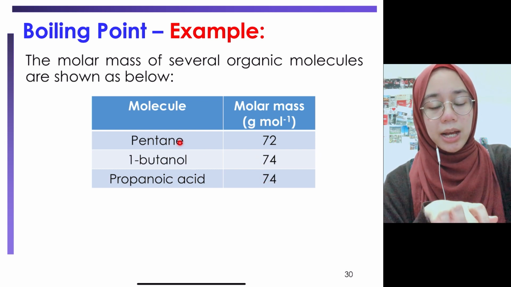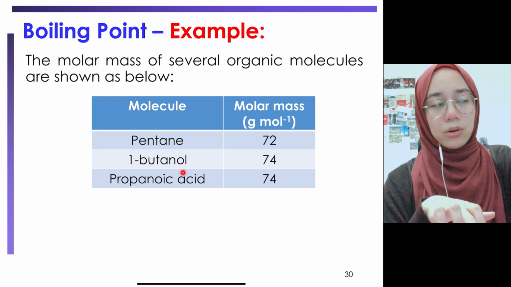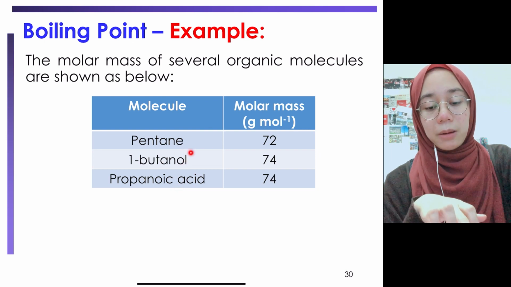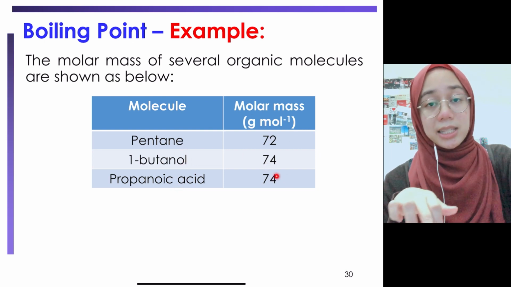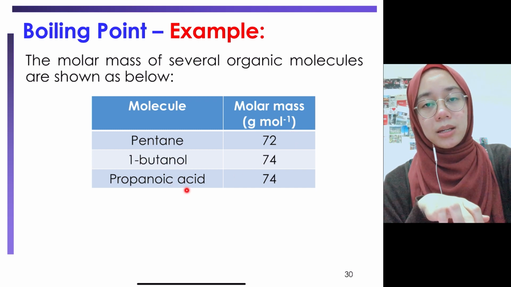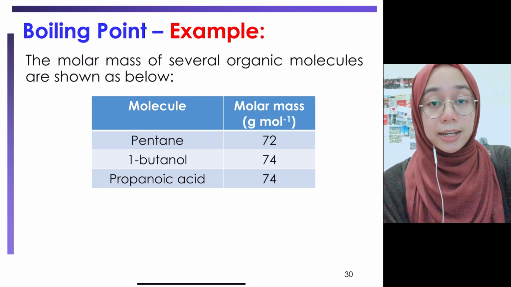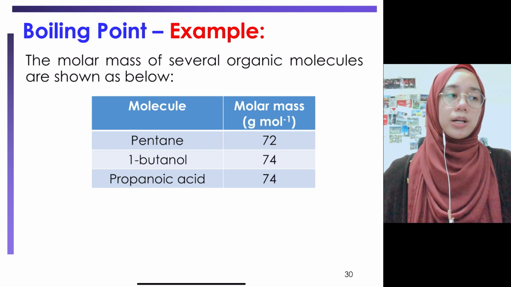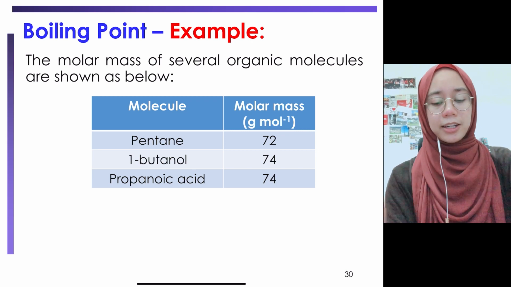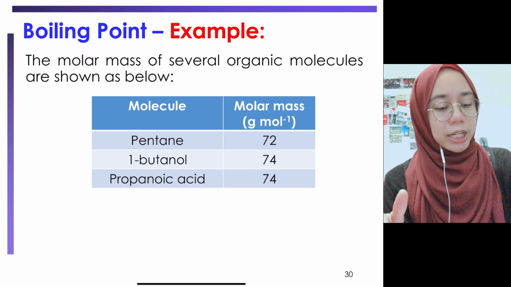Okay, pentane ni ada 5 carbon kan, 1-butanol ada 4 carbon, propanoic pula ada 3 carbon. So despite having a different number of carbon, the molar mass is similar lah. Kenapa? Sebab alkohol dengan propanoic acid ni ada oksigen kan, compared to alkane. Sebab tu molar mass dia berbeza.